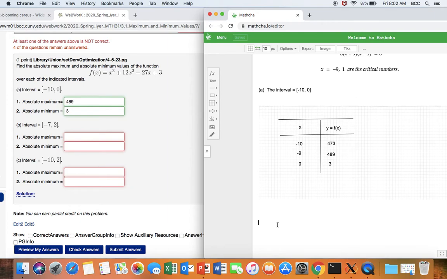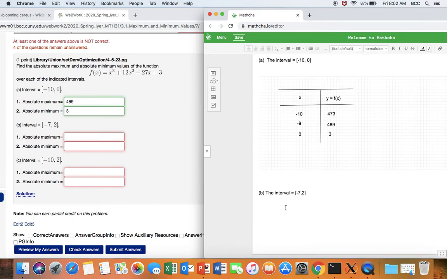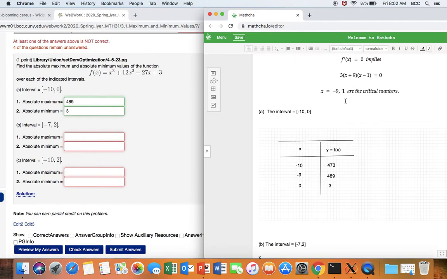So I will try to go through this faster. So the interval for this B part is negative 7 to 2. Negative 7 until 2.